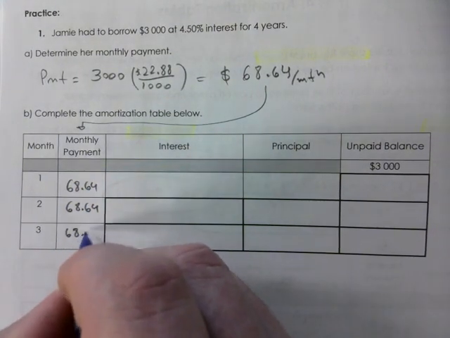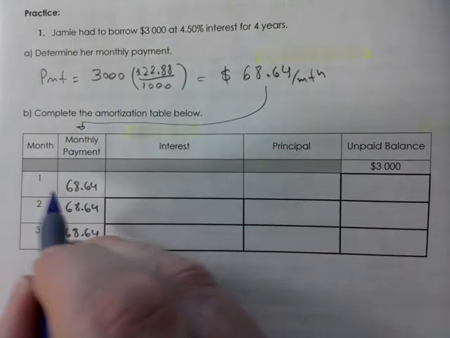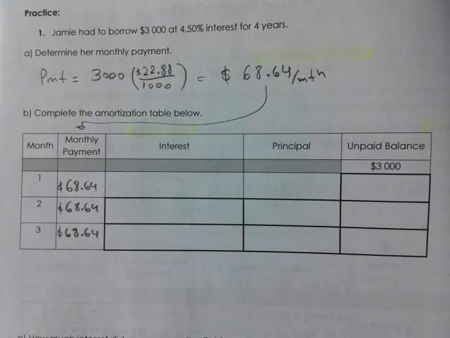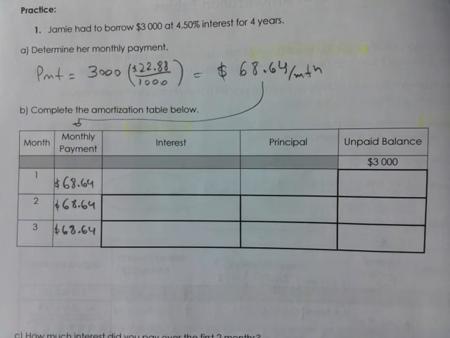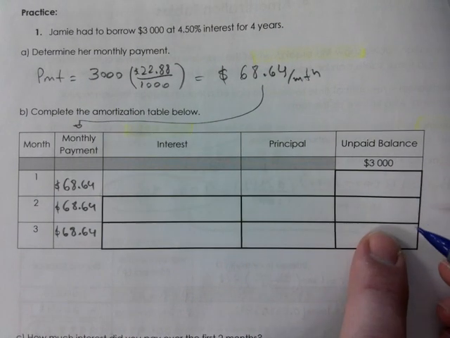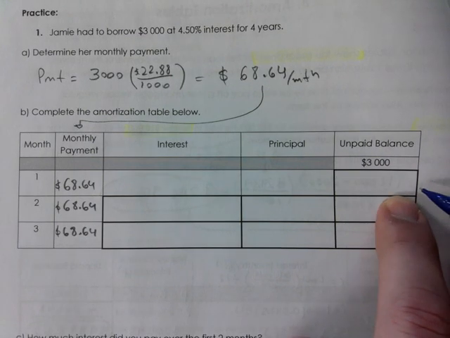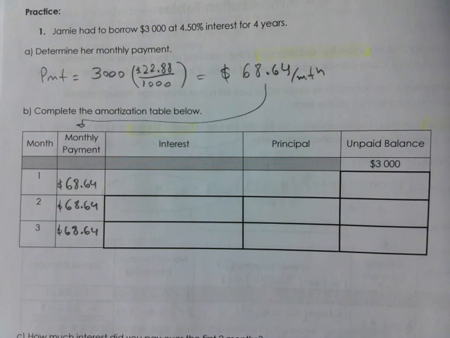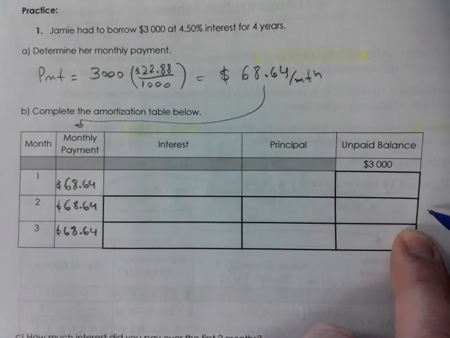Notice that I'm forgetting my dollar signs. I'm doing that on purpose, so make sure you have dollar signs there. I don't care what they look like as long as it looks like a dollar sign. So try to fill in the rest. I'll give you this number at the end of the second year.